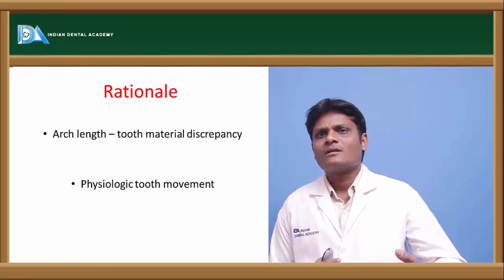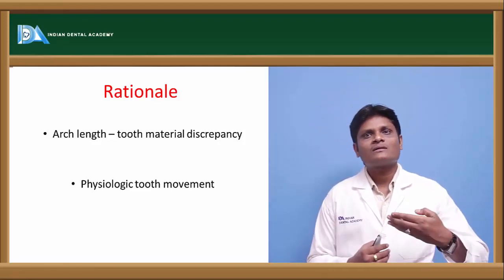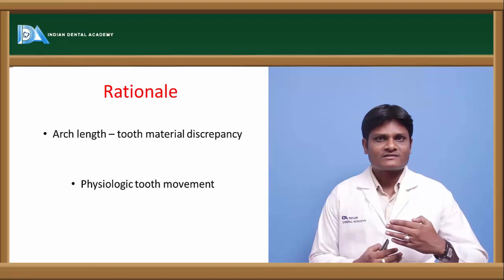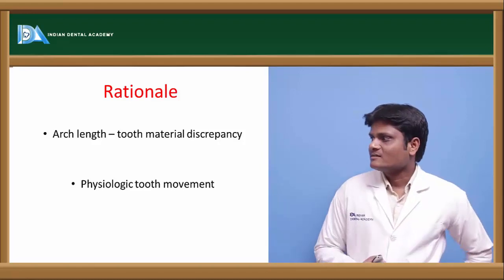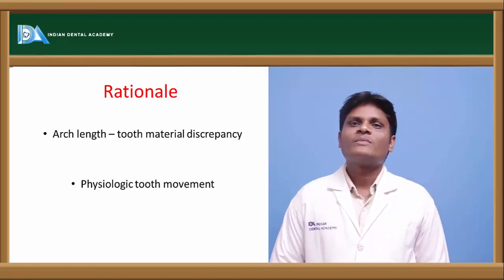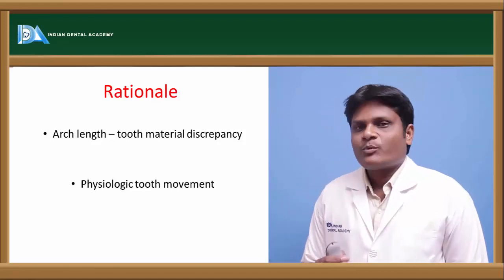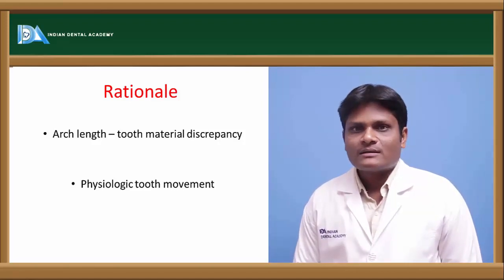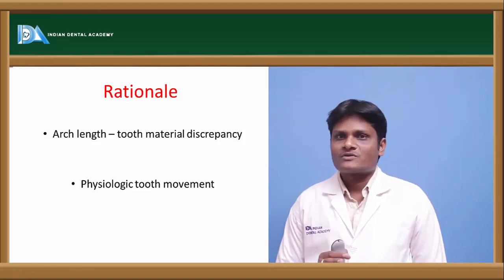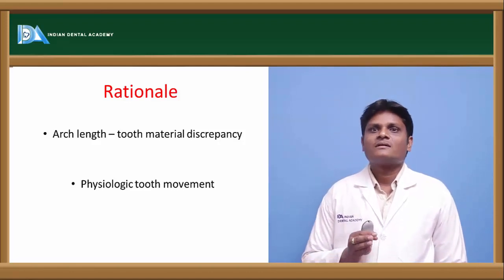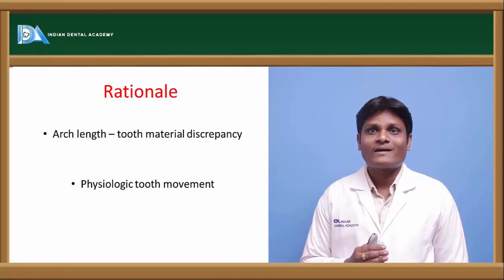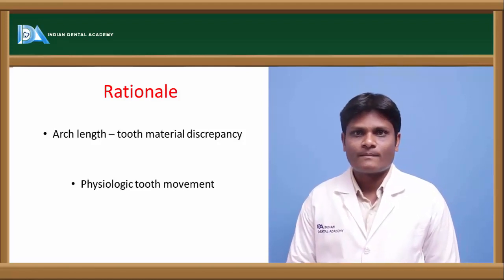What is the rationale behind this, or what are the supporting concepts behind serial extraction? Number one is arch length tooth material discrepancy. It is postulated by many that the major reason behind a malocclusion is deficiency of the arch length or excess of tooth material.